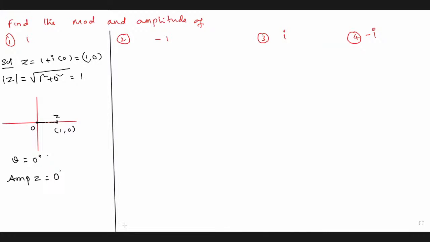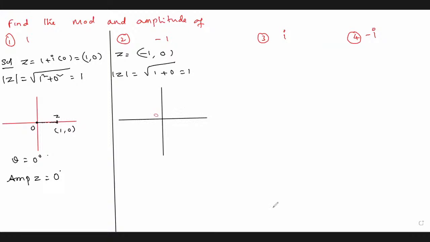Now let me go to the next problem. He has given you -1 comma I. Let us consider Z is equal to -1 comma 0. Mod Z value is equal to root of -1 square is 1 and obviously 0. Where the point will be is the question.